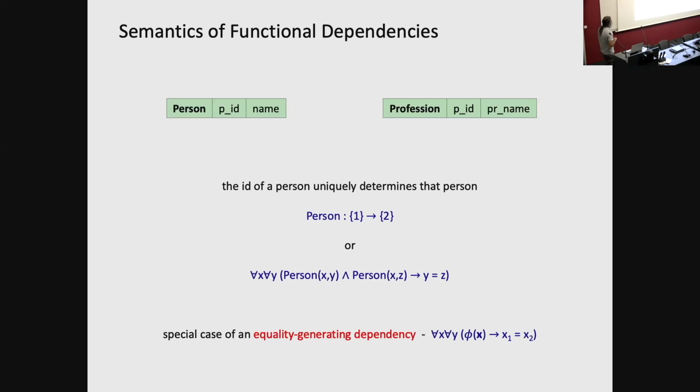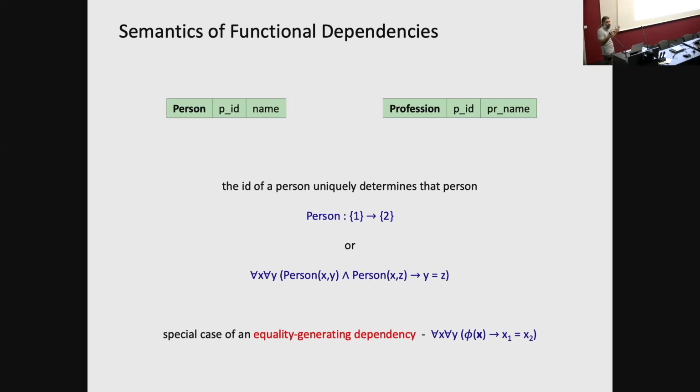Great. And let me just say, for those who may have heard about this, functional dependencies are nothing else than a special case of a more general class of constraints known as equality-generating dependencies, which are first-order sentences of this form. An equality-generating dependency is a sentence of this form where phi of x is a conjunction of atoms. One can express that if some conjunction holds, then we expect some values to be the same.